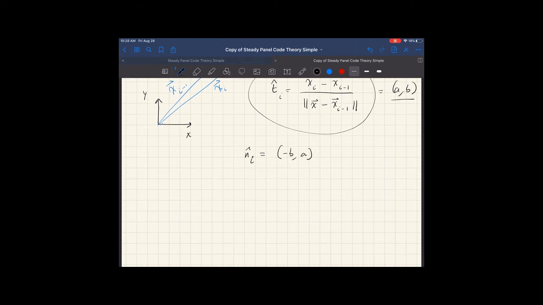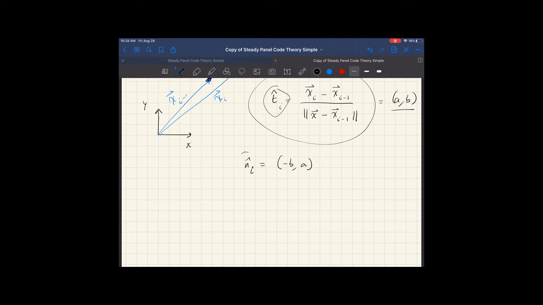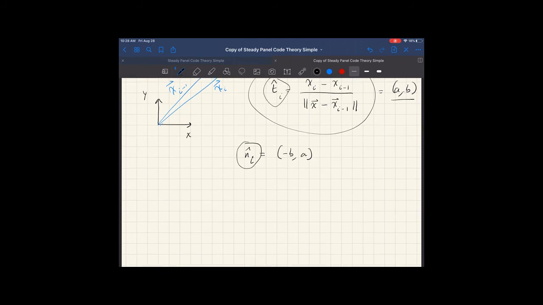And why is that? It's because the two vectors here, the normal and the tangential, should be orthogonal, and thus the dot product of t_i and n_i should equal 0. Now, is it equal to 0 in this case? Let's dot a and b and minus b and a.